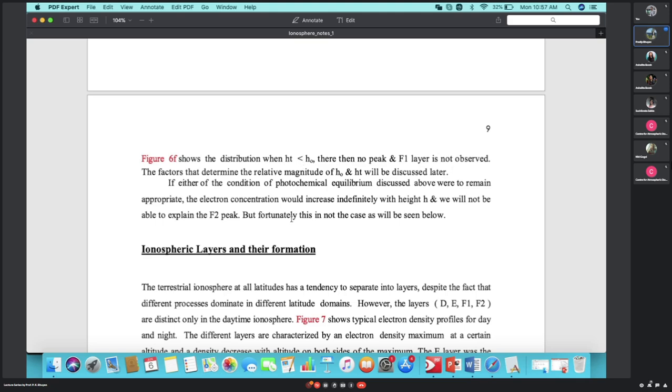So in either condition of photochemical equilibrium discussed above, were it to remain appropriate, the electron concentration would increase indefinitely. But that is not the actual situation.